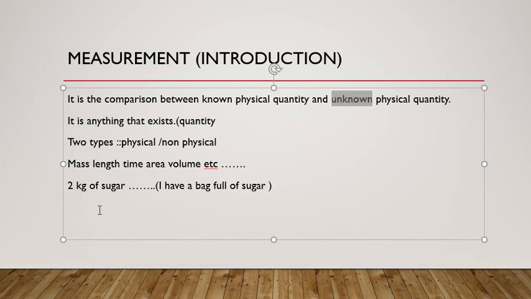So now, while dividing that bag of sugar into small amounts, I will compare this bag of sugar with this 2 kg simply to find its mass. I will put 2 kg of sugar on one side, and I will put a little amount of sugar on the other, and add more sugar just to maintain a balanced level, to make it similar to this 2 kg.